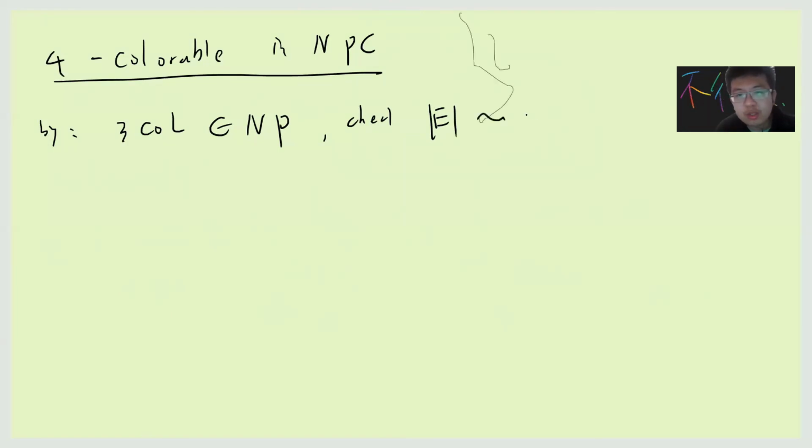This is simple, because you have at most order m edges, which is at most n squared for a simple graph. Likewise, if somebody gives you a 4-coloring, you just check each edge, so 4-colorable is still in NP.